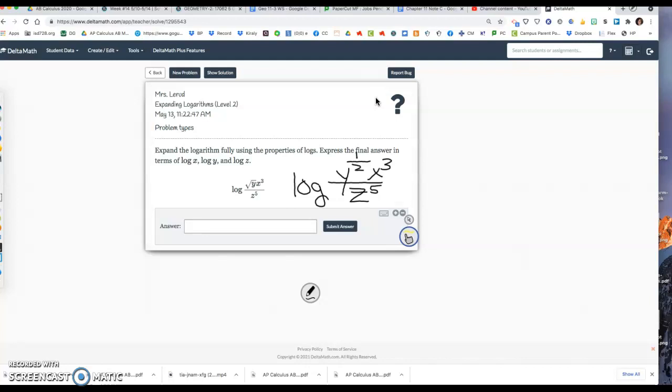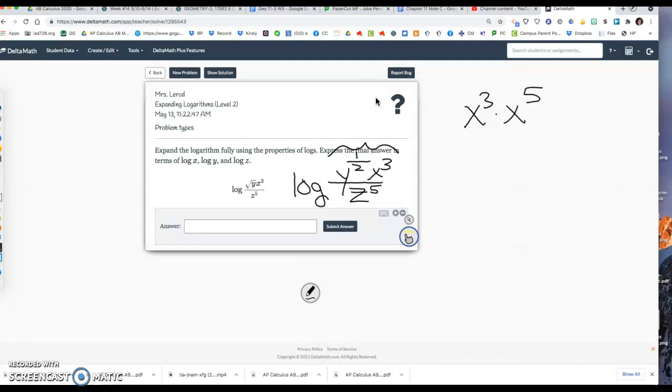Then you guys in class here, because I can't call on the distance learners, what does multiplication expand into? Addition. Do you know the reason why? Logarithms are exponents. And when you multiply, what do you do with the exponents? Add them. That's why there's that relationship.